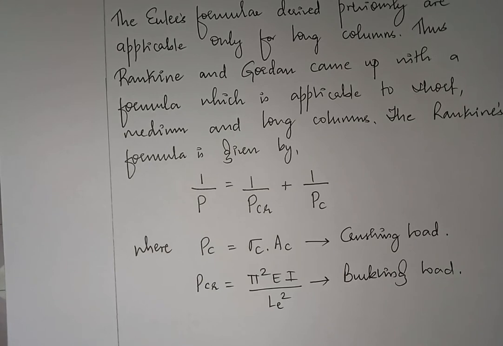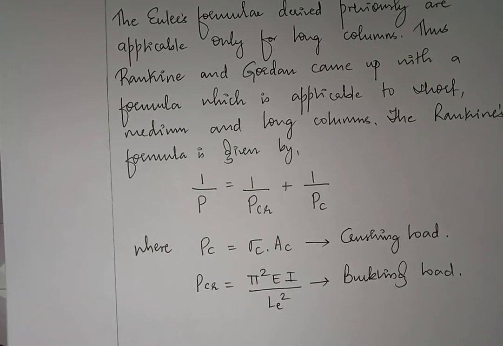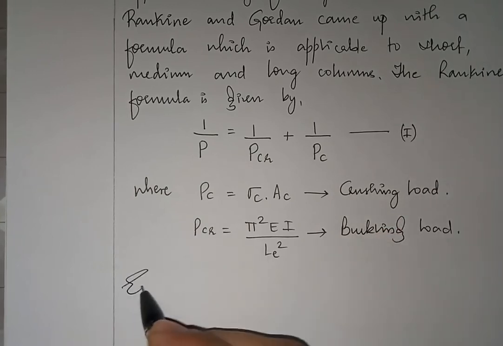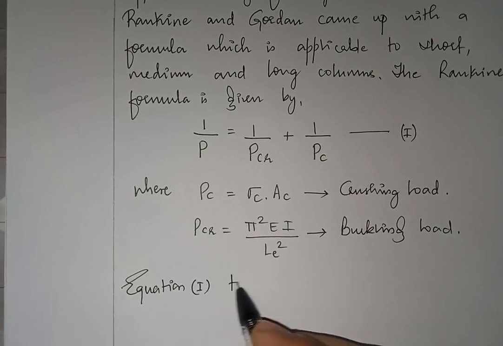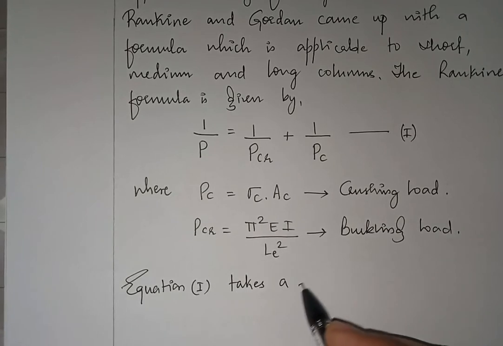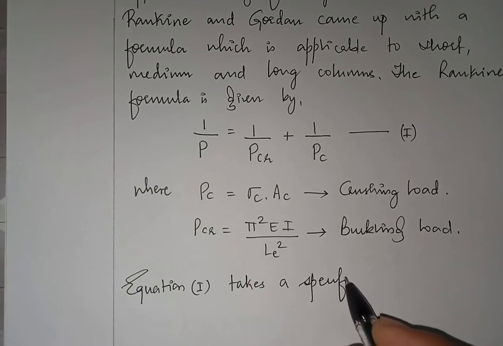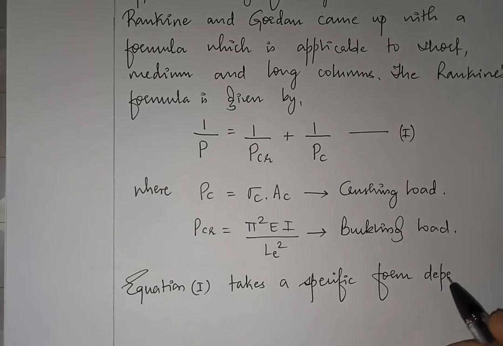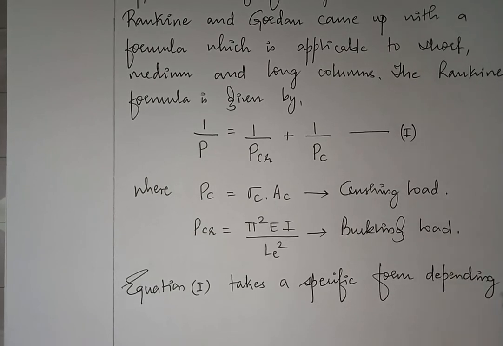Where AC is the cross-sectional area of the column. So this equation 1 takes a specific form depending upon the length of the column.